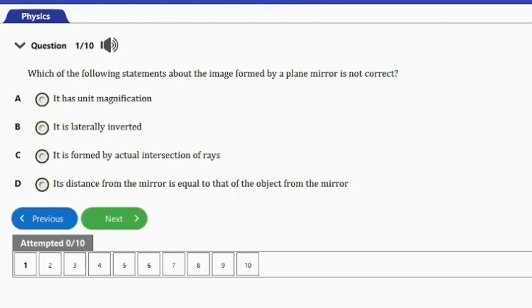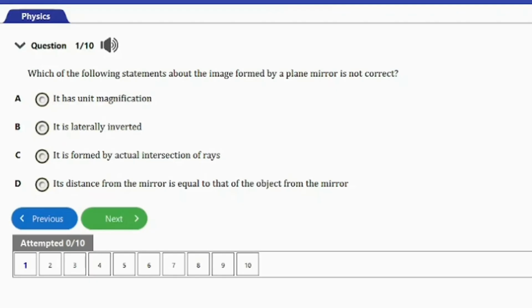The statement here that is not correct for image formed by a plane mirror is option C. It is formed by actual intersection of rays. So guys, you notice that a plane mirror actually has a unit magnification. It is laterally inverted.